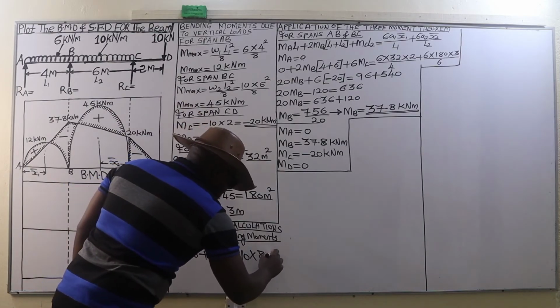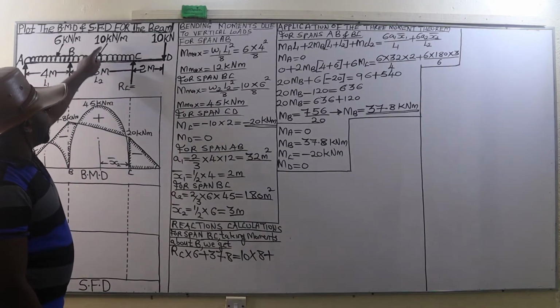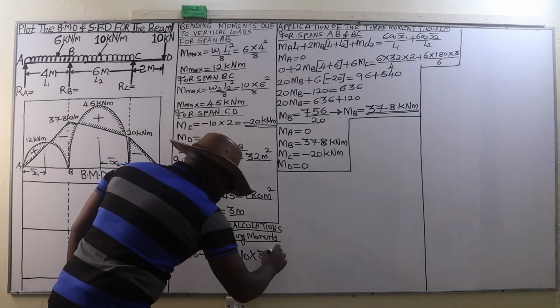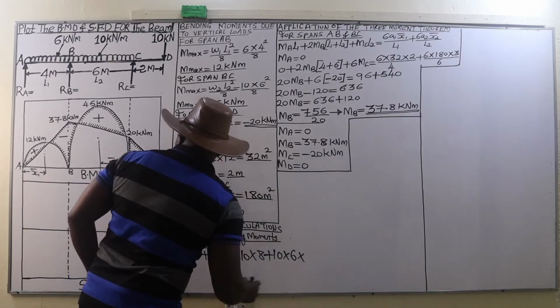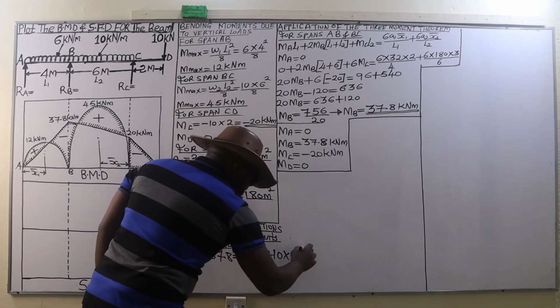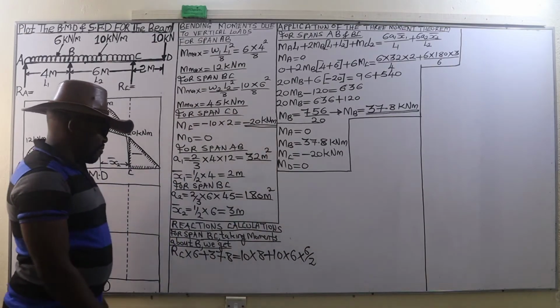And then we add, between C and B, we have a UDL of 10 kilonewtons per meter. Multiply by the span over which it is distributed, that is 6 meters. And then it is going to act at the mid of that span. So we divide the span by 2.